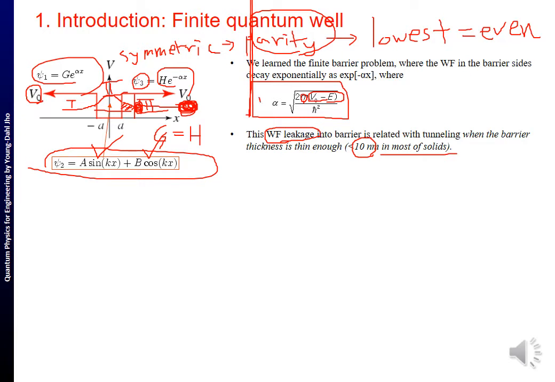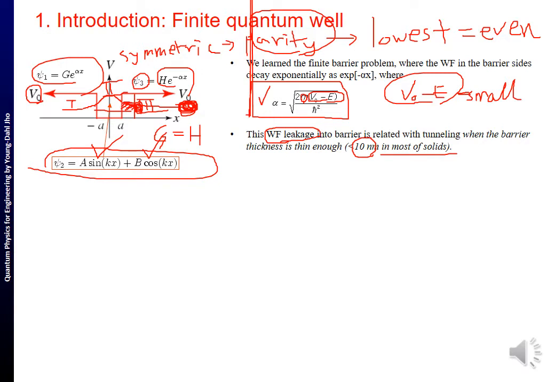And look at this alpha. Alpha is small if V0 minus E is small, right? If alpha is small, it decays slowly in region 3.